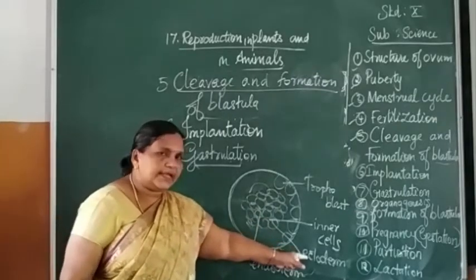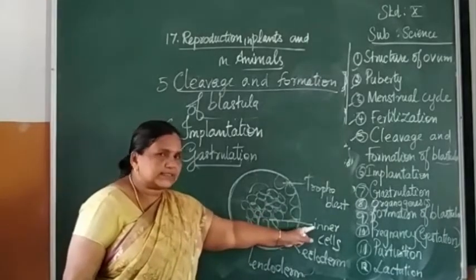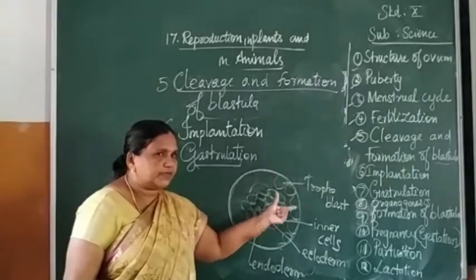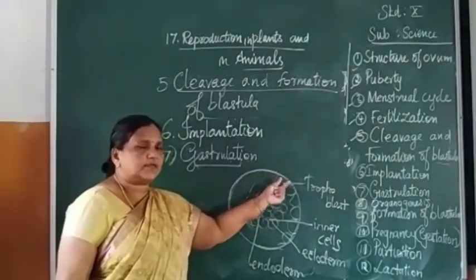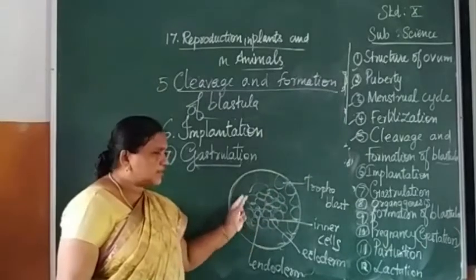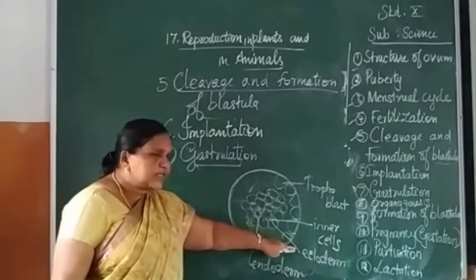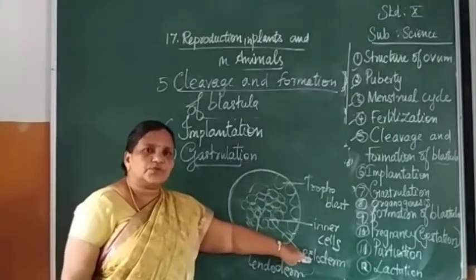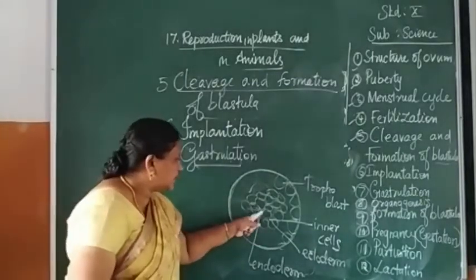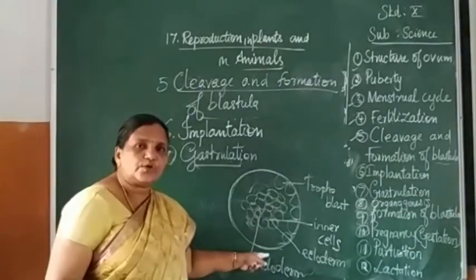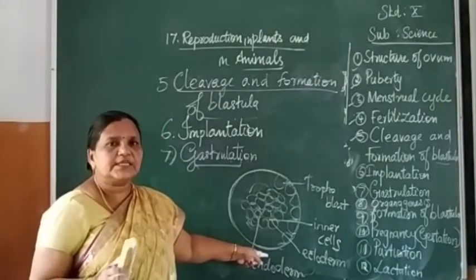The ectodermal layer is formed from the outer cells of the inner cells, not the trophoblast, which is a separate set of divisions. The trophoblast cells are present on the outermost region, and below that we can see the mass of cells. In this mass of cells, the outer layer, during organogenesis, will be converted into ectodermal cells and form the outer organs. Then the inner side is called the endoderm. It is also responsible for the formation of some internal organs.